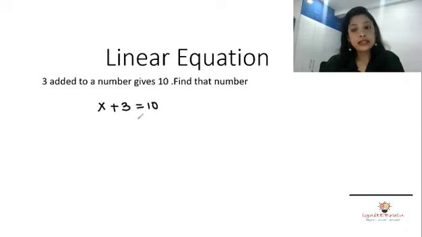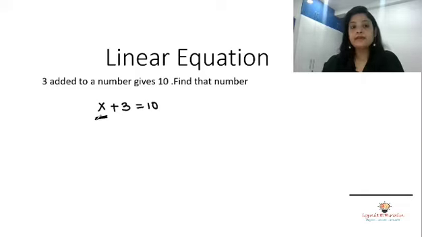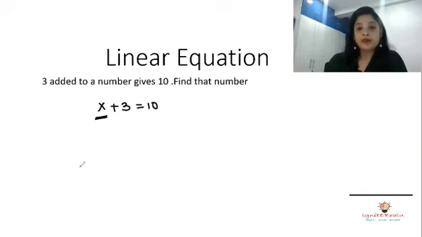So this is an equation in one variable. As you can see here, we have used one variable x. Again, I repeat that we have used one variable x and that is unknown to us, right? So we call it an equation in one variable or linear equation in one variable.